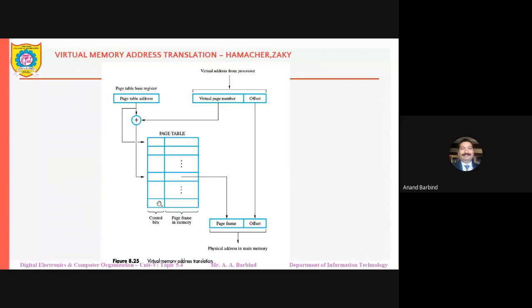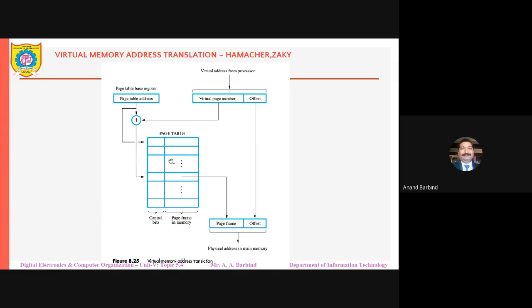Those pages have been allocated virtual memory, which means the actual entry is not there, and in that case there is a page fault. Whenever there is a page fault, execution of your program halts, or in fact it suspends. And then there is another program in the operating system which comes into the picture when there is a page fault.